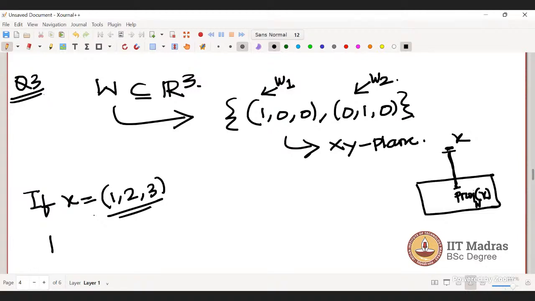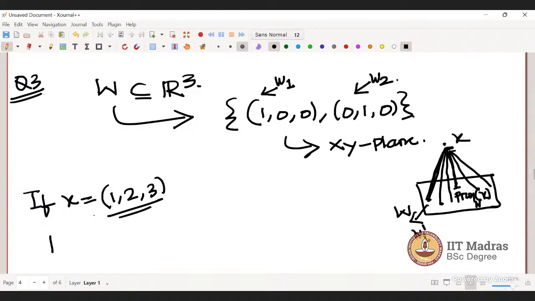So you have a lot of vectors in W, right? You have a vector here, here, and here. I want to find a vector in W such that the distance between x and that vector is minimum among all the possible distances. If I take some W1 dash, this will give me some distance.